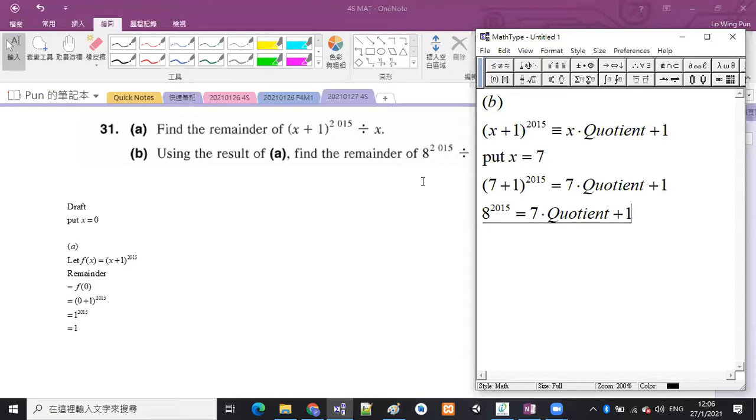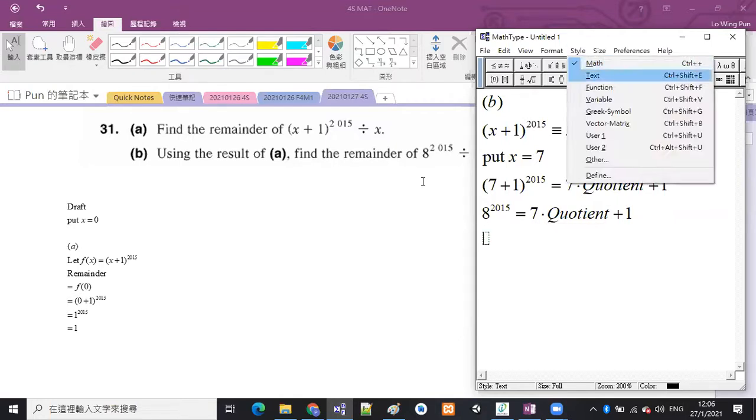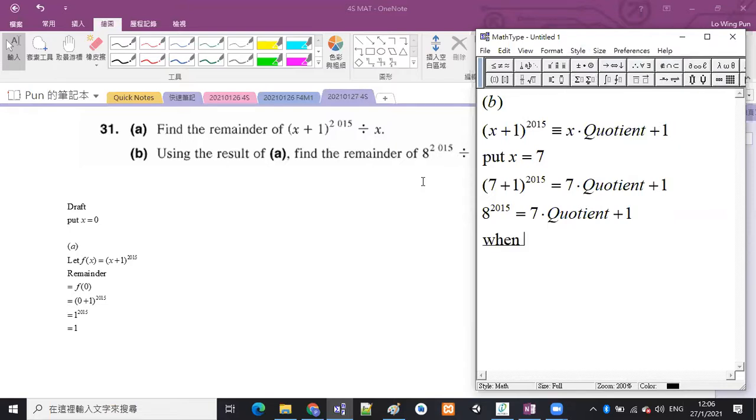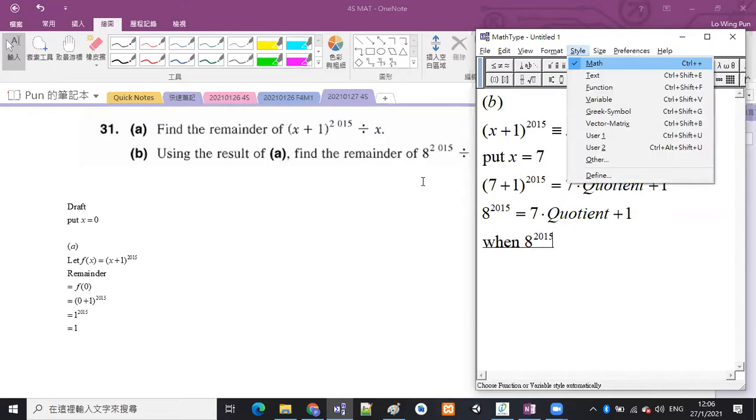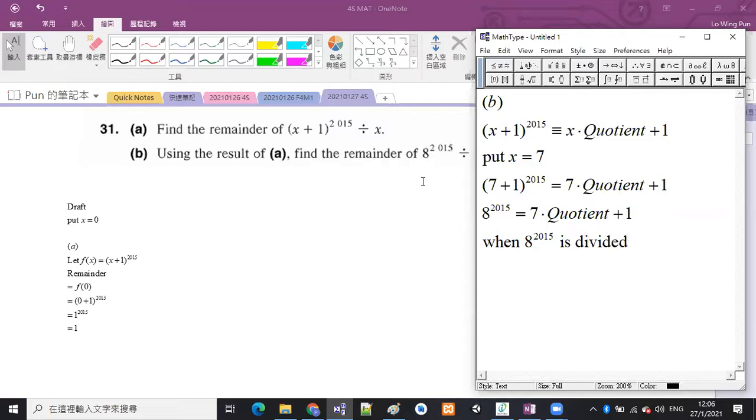好啦，呢一個係咩意思呢？8嘅2015次方等於7乘以一個 quotient 一個數 plus 1，即係話如果我哋對照翻嗰個 division algorithm，我哋寫翻一條英文出嚟嘅話，即係話 when 8 to the power 2015 is divided by 7.